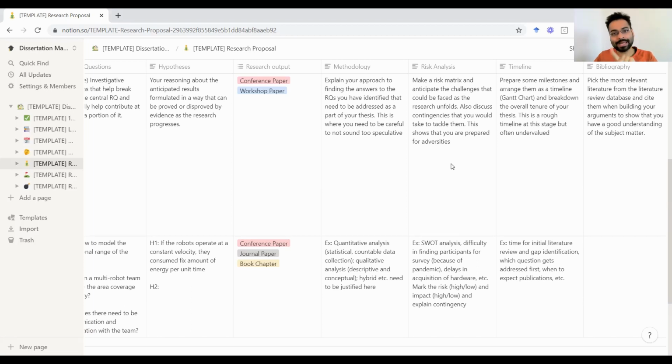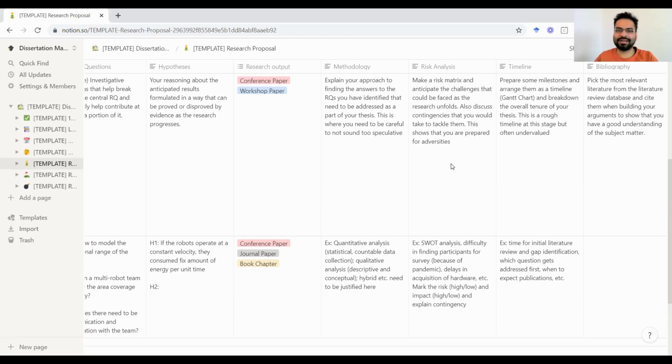It could have the impact on your research, could be high or low or medium as well. And then contingencies. Don't just identify the risk, but also explain what are the contingencies you have in mind to tackle if something like that goes wrong, which basically shows to people that you have thought this thing through and you're ready with plan B, plan C, and plan D in case things go sideways.